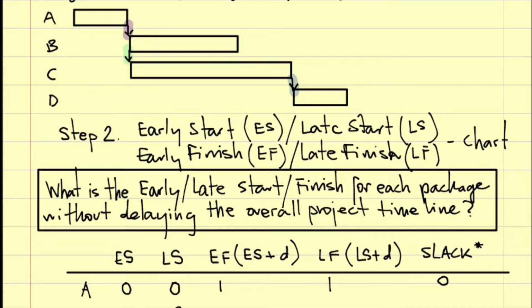What is the early finish of B? Yeah, 3. Okay, this is just adding up early start plus the duration. And the late finish? 4. What is the slack? -1.